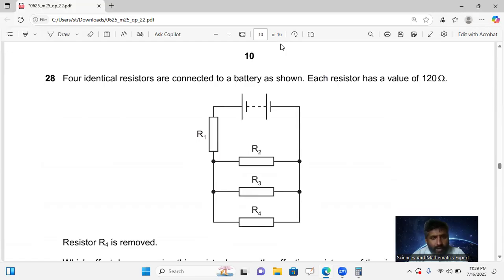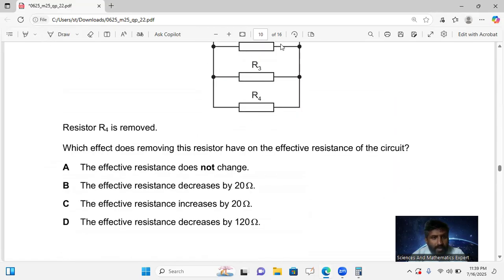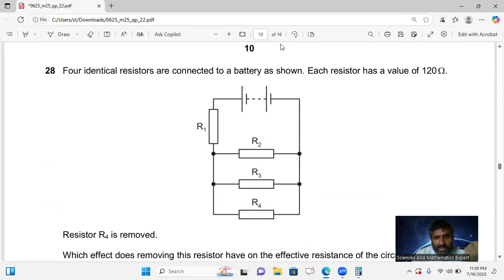Four identical resistors are connected to a battery as shown. Each resistor has a value of 120 ohm. If resistor R4 is removed, which effect does it have? As I remove a resistor in parallel, the resistance increases. R1 is connected in series with these three in parallel.